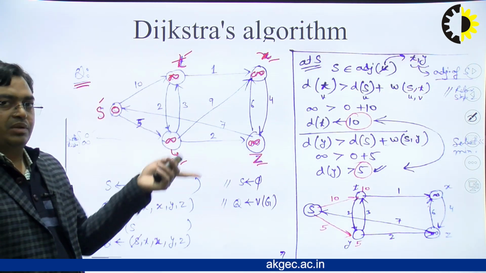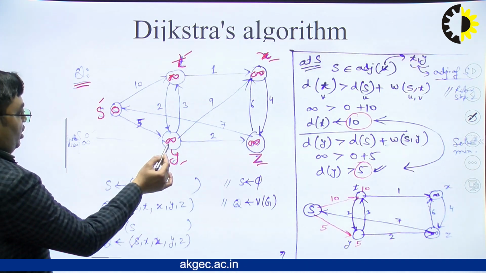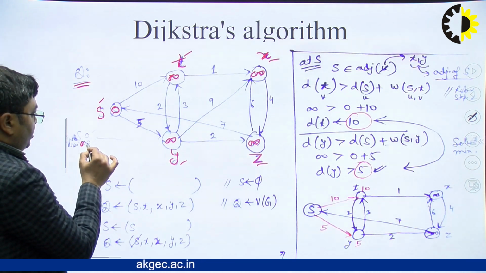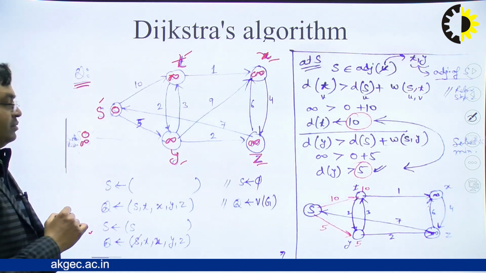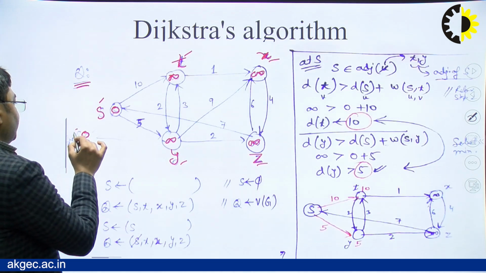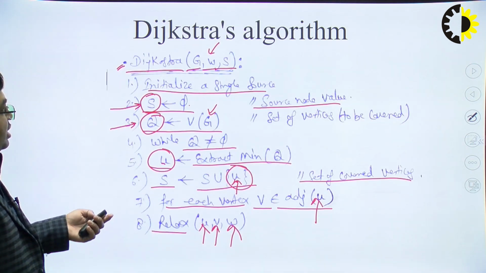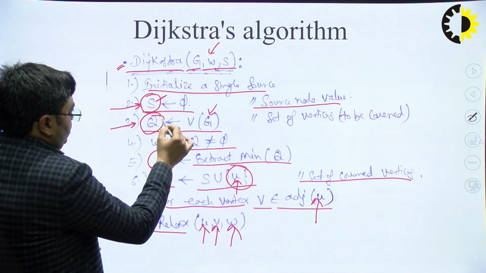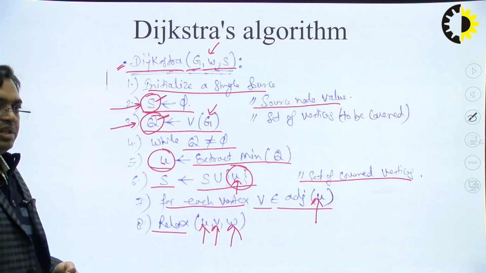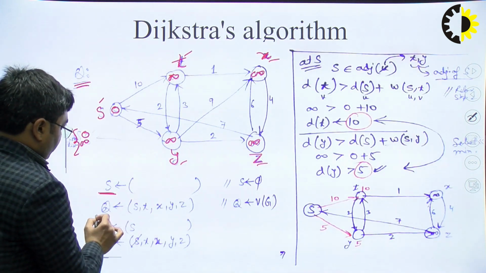So this is the first step, and we have covered it: all vertices are taken as infinity and the source as 0. These are the initial values. After that, what is the next thing? We have to initialize the two sets, S and Q.